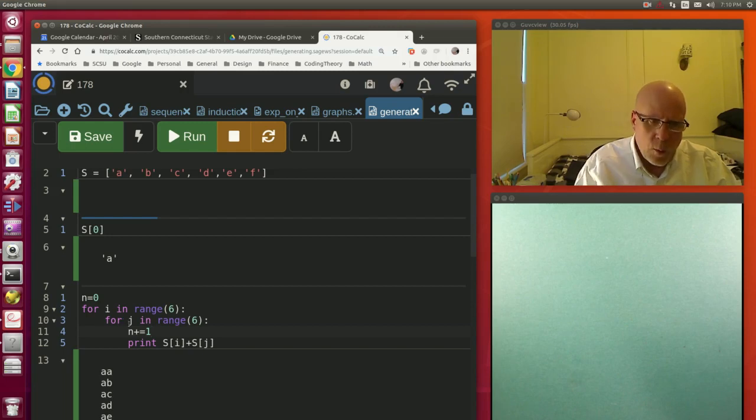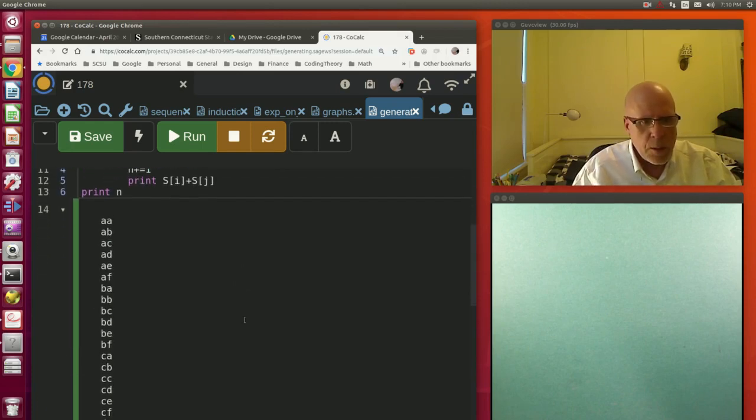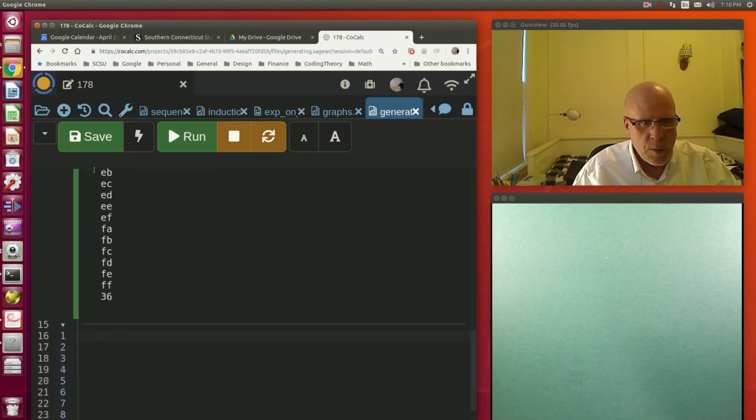And then we could keep track of n, but I think I'm just going to wait till the end of the loops and have it print out what n is. Alright, so we get those two-letter words all the way from AA to FF, and the last thing it prints is 36. That's 6 squared.